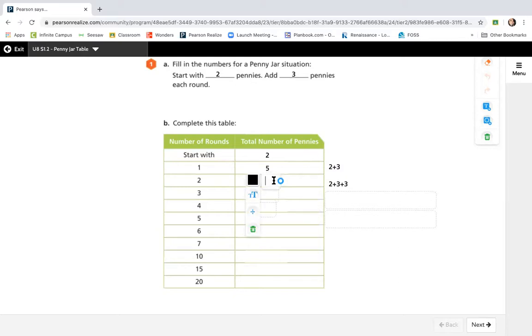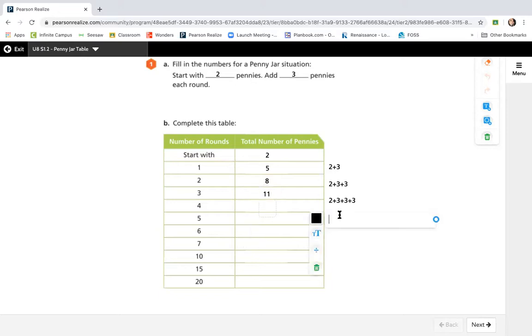That will equal 8 pennies in the jar after round 2. Now, for round 3, start with 2, add 3 for the first round, 3 for the second round, 3 for the third round. That will give me, after the third round, 11 pennies.